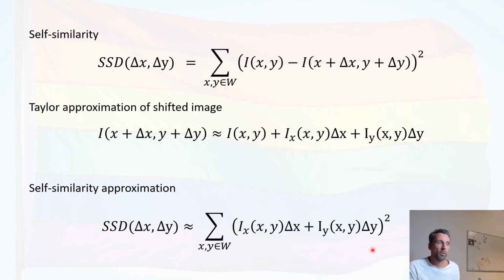Well, the sum of squared differences in the direction of the gradient is expected to be high, right? Because that's exactly the shift in which we expect those two windows to be different.